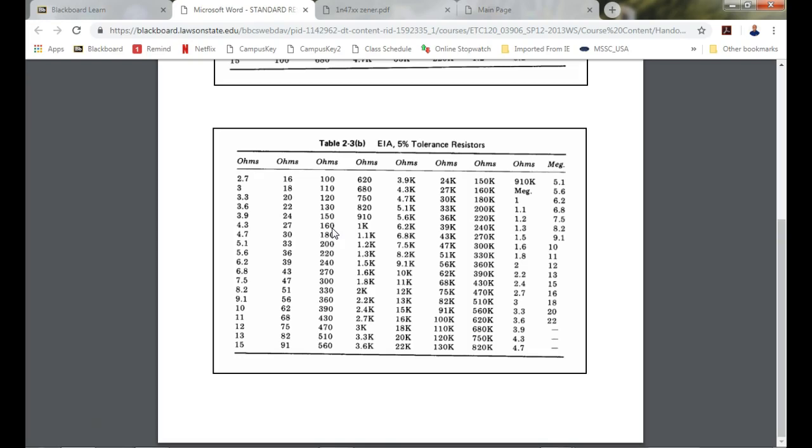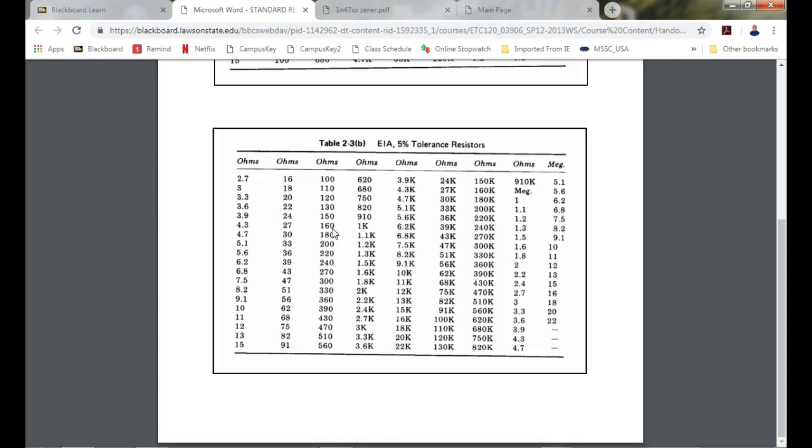What's that? I'm sorry, 1.5, right? No, 1.05. That's 168. So we'll be fine.